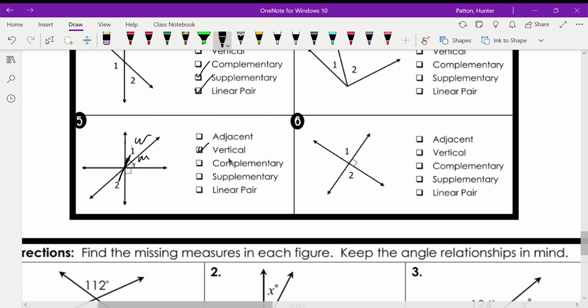So angle 1 and angle 2 have to be complementary as well because they are congruent to that angle as well. All three are congruent. So they are complementary. Not a linear pair, not adjacent. That's it. Right here, since these are the two vertical angles, that's 90. Since those two are 90, that means that these also have to be 90, all four. So we have vertical angles which are supplementary.